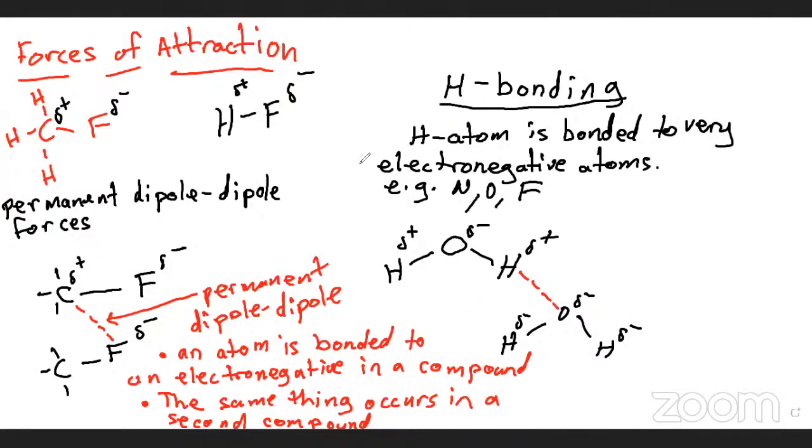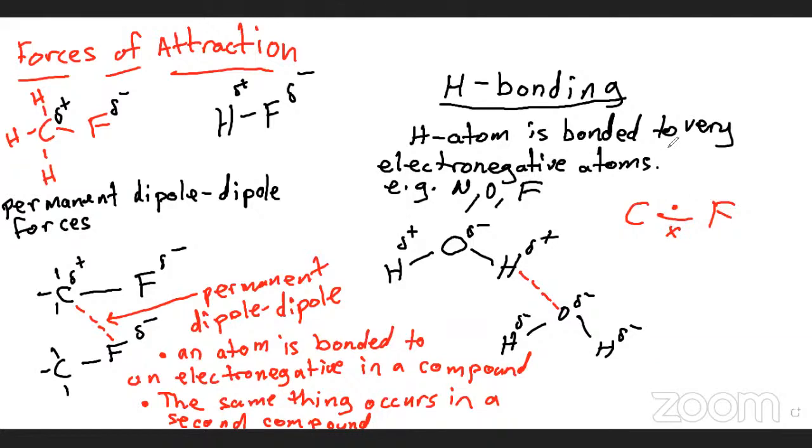So remember carbon. Let's just look at carbon and fluorine. When they share the electrons, because fluorine is electronegative, and electronegativity is the ability of an atom to pull electrons towards itself, the electrons will not be shared equally between carbon and fluorine.